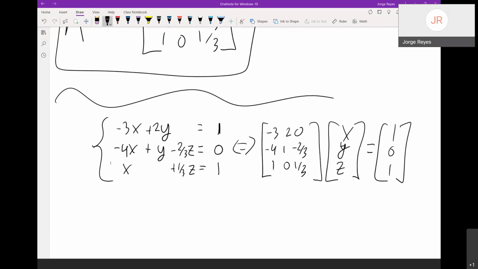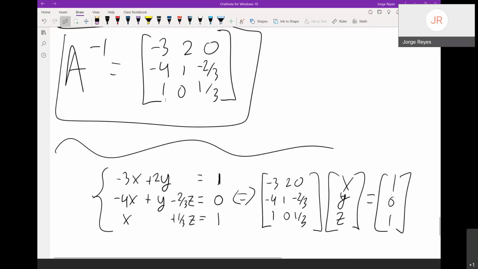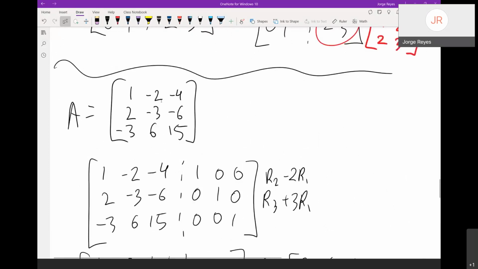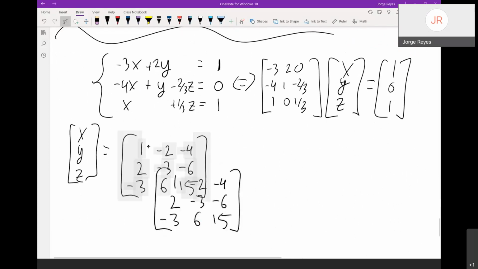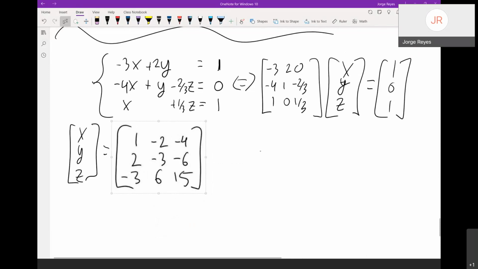Okay, so if I multiply by the inverse, which is the original one, so this A, which I'm just gonna copy and paste, I'll have the answer. So the answer x, y, z is going to equal this thing, A inverse times this.